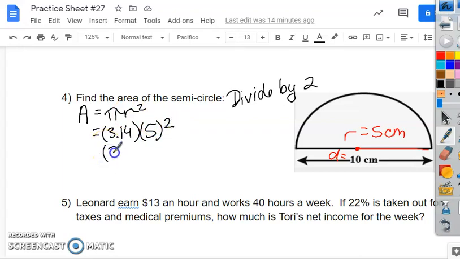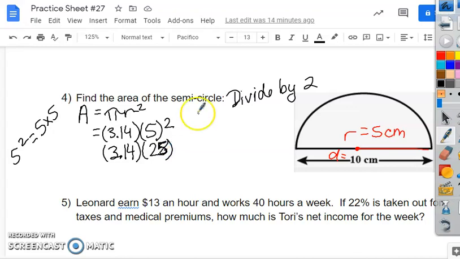Now, remember, 5 squared does not mean 5 times 2. 5 squared means 5 times 5, which is 25. Okay? That's not an 8, by the way. That's just my pen being difficult.